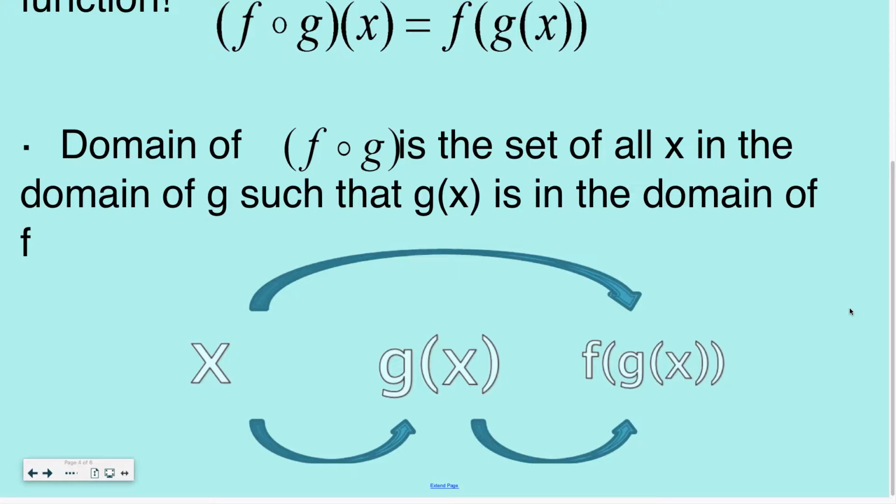Okay? Well, then those outputs then get plugged in to F. Okay? And then we get something else. All right? So what we're going to be worried about is the domain for g of x and how that compares to the domain of our result.